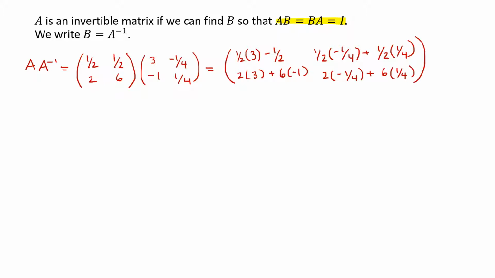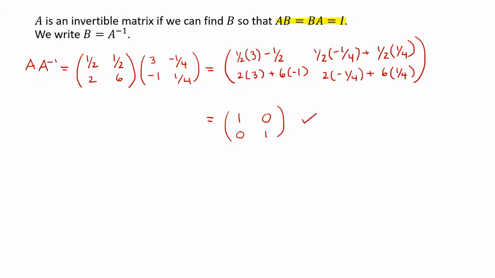Okay, and now we'll do some simplification. So 3 1/2 minus 1 1/2 is going to be 2 1/2, or 1. -1/8 plus 1/8 is 0. 6 minus 6 is 0. And -1/2 plus 3/2 is 1.